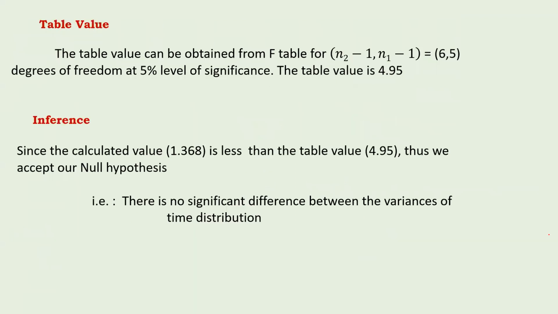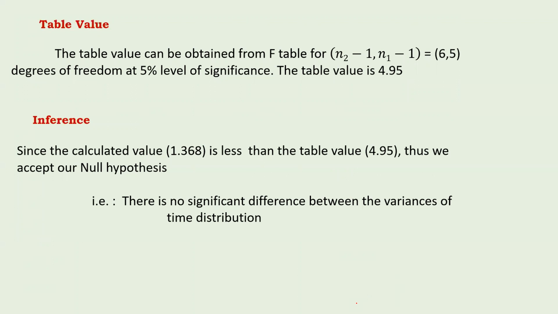After that, we have to check the table value. The table value can be obtained from 6,5 degrees of freedom at 5% level of significance. So here the table value is 4.95. Once we found the table value, we have to write up the inference.